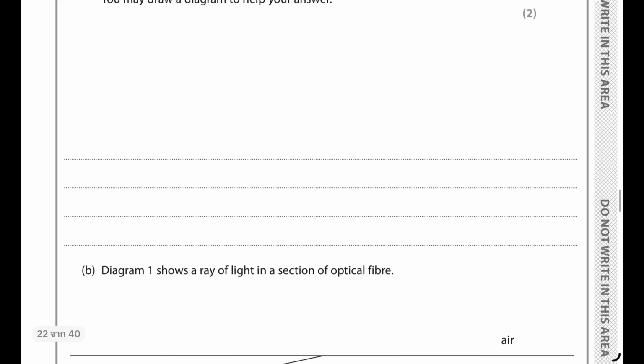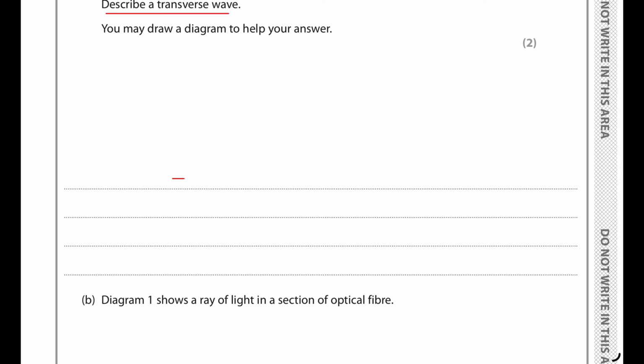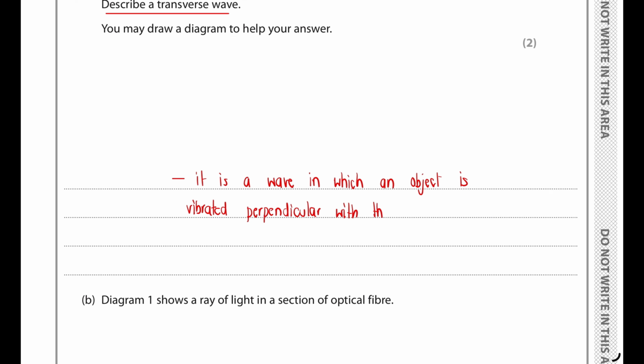Okay, so it is a wave in which an object is vibrated perpendicular with the direction of the wave travel. Okay, so it is like this.